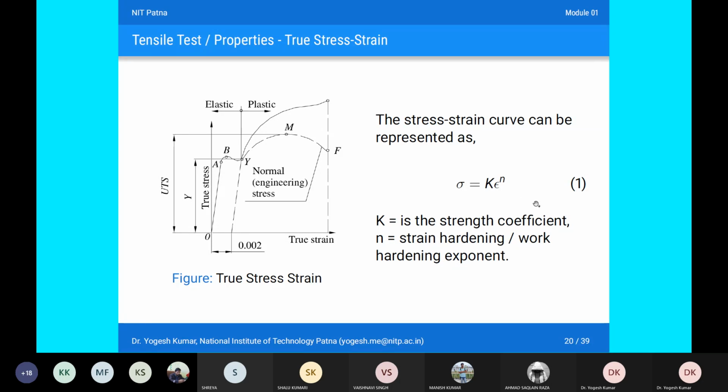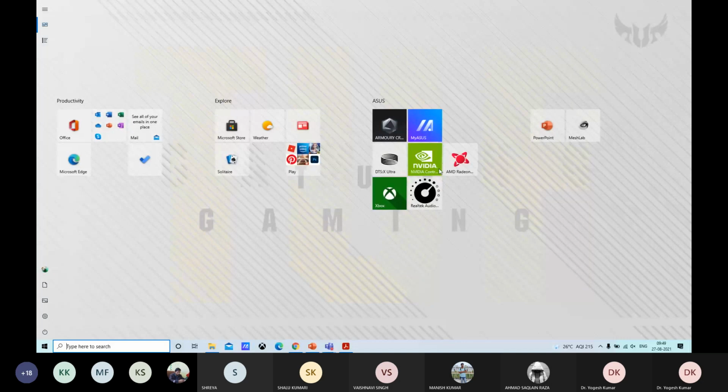Okay, you might be aware of these terms. So this is your curve, which is representing your true stress strain curve. This is the equation which is representing the relationship between true stress and true strain.